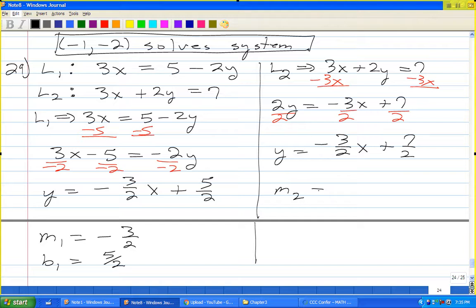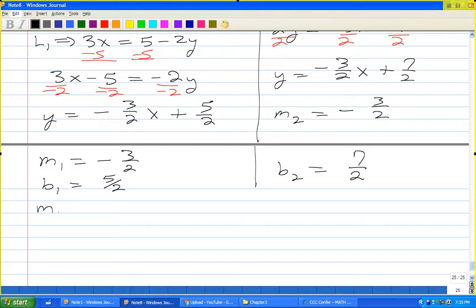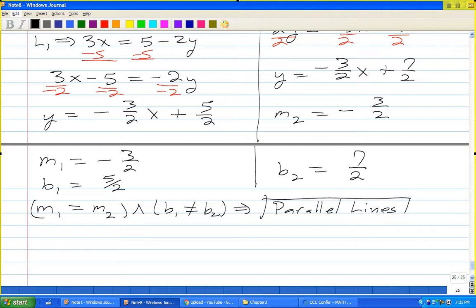The second slope is negative 3/2, and the y-intercept is 7/2. So the slopes are equal, but they're not the same lines. Therefore, this is the case of parallel lines, so I know this is not going to have a solution.